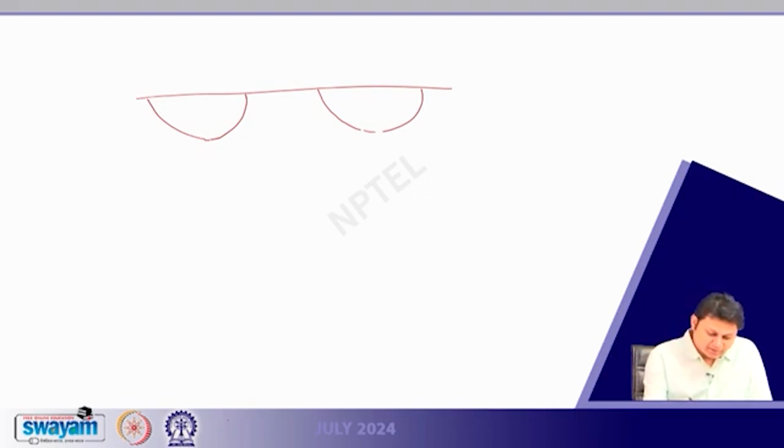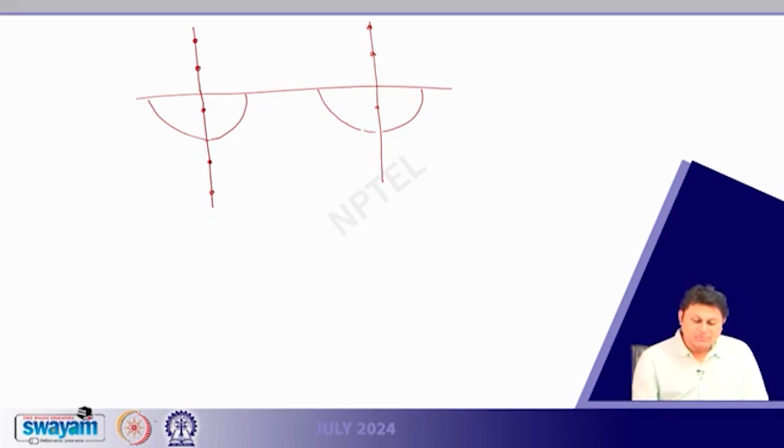I launch a light here perpendicular to the surface in both cases, and suppose this is the component we are talking about. When it enters, in all directions the velocity of this component should be the same.